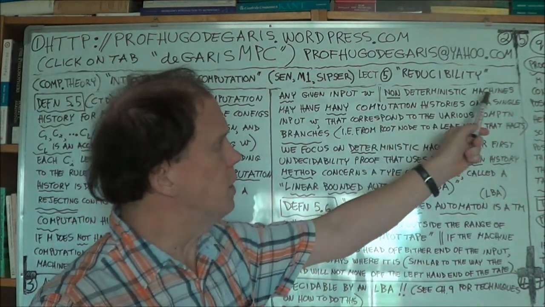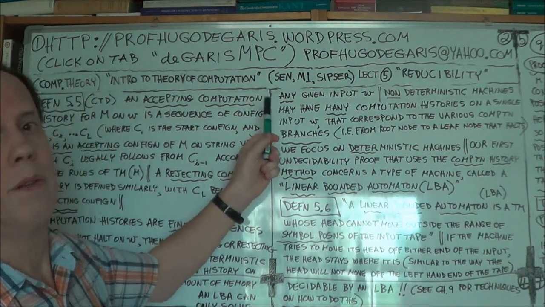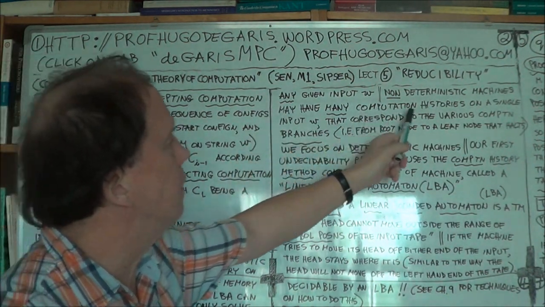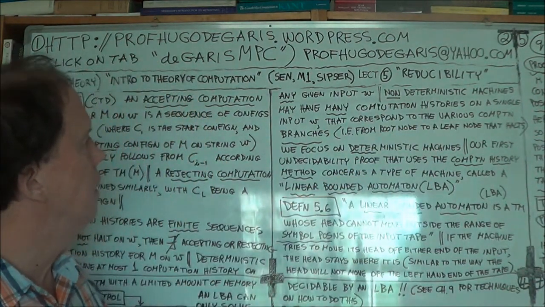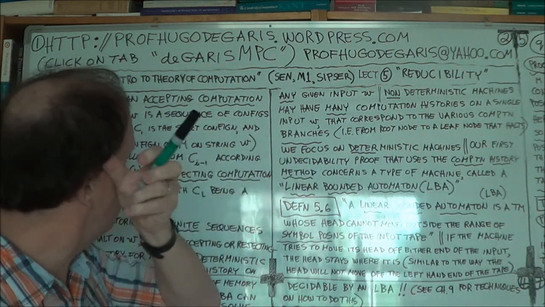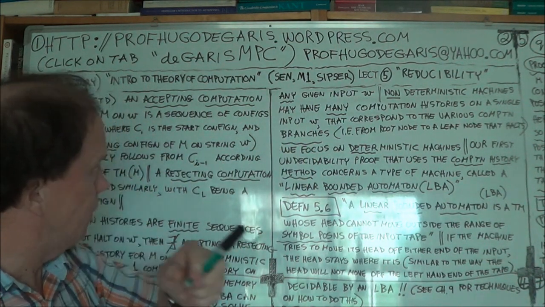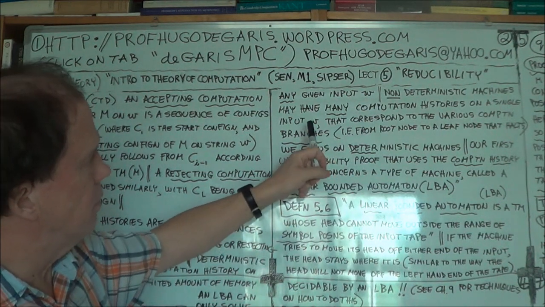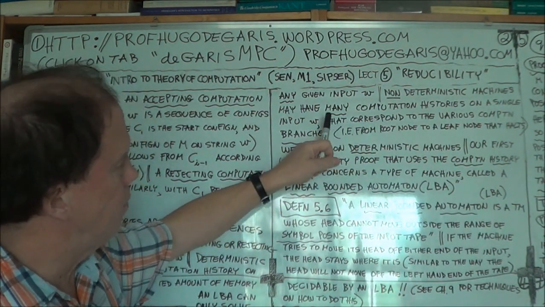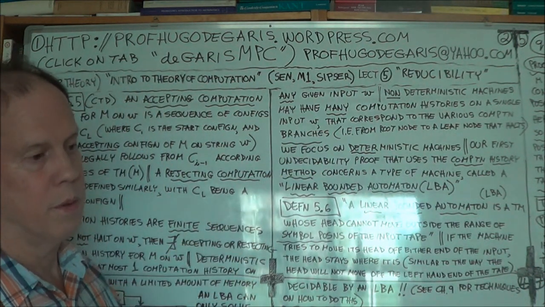Now, how about non-deterministic machines? Well, they might have many computation histories with just a given single input W. Each one would correspond to 1 branch.